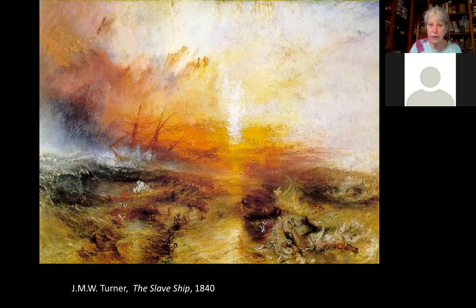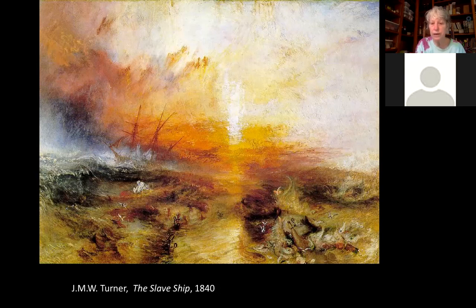But if a storm came up, apparently the captains of these slave ships would sometimes throw the slaves overboard, because if the slaves died during the Middle Passage, they couldn't collect insurance for them.